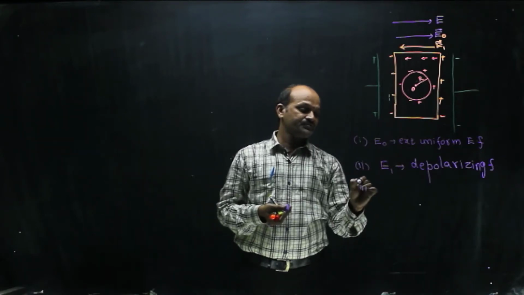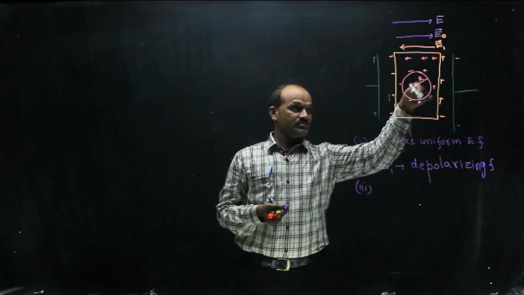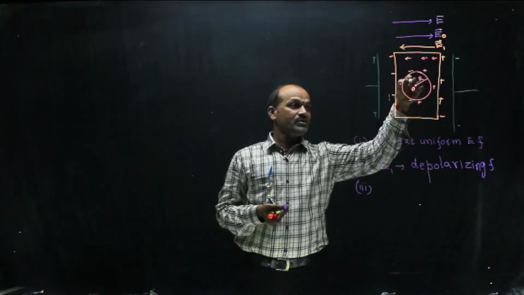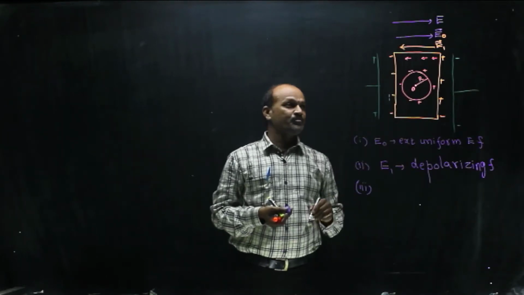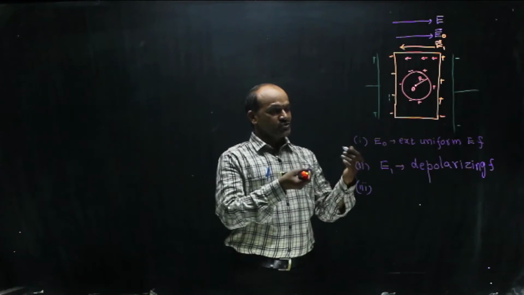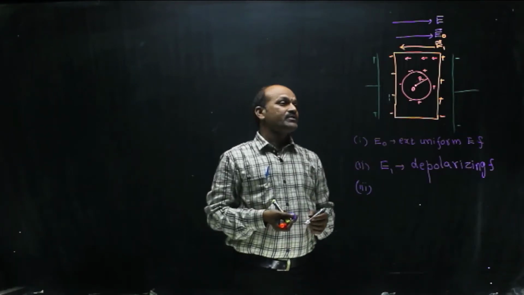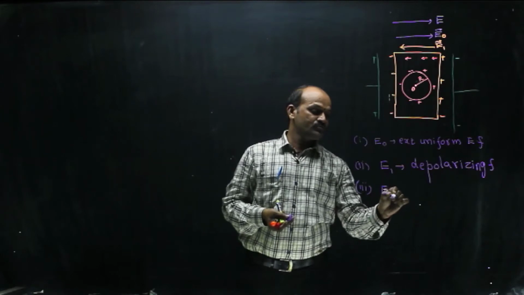Third one: this spherical cavity, you see, on the surface of this spherical cavity also polarization is there, or density of charges is present. That is, say, E2.